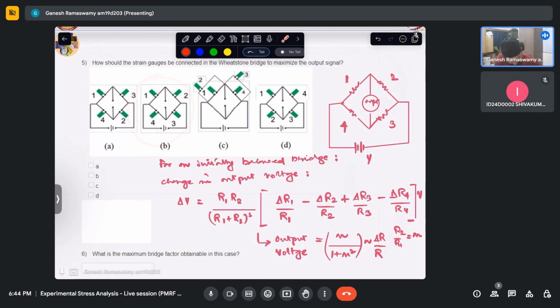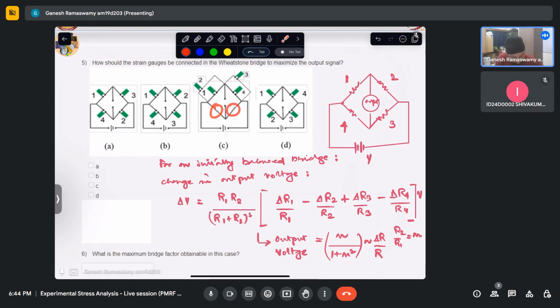B definitely maximizes the output. C, if we see, we have a resistance here and a resistance here, and we have connected 1 and 2 in parallel. So basically this adds up to one cumulative resistance. Similarly, 3 and 4 add up to one cumulative resistance. Now, let us say that we initially take a 350 ohm or 120 ohm resistor.